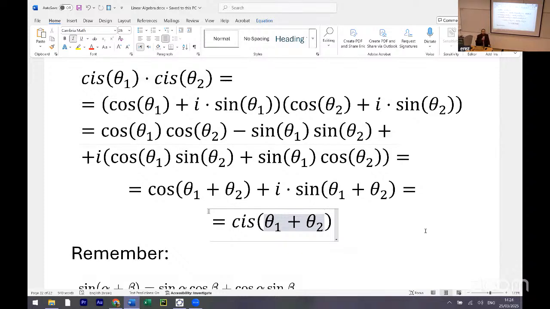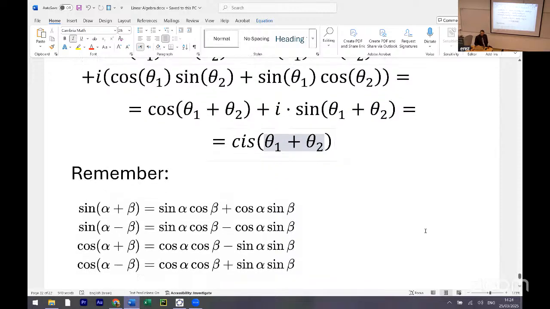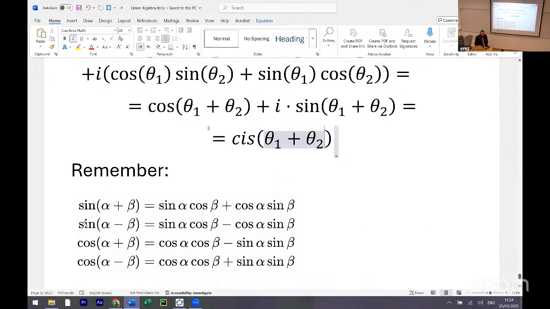Any questions so far? Do we remember these identities by heart? Yes, the sine of the sum and the cosine of the sum of angles are the main ones to remember. These are the main ones that will help you throughout the courses, not just linear algebra. And I don't even need the alpha minus beta, because you need to remember that sine of negative beta is negative sine of beta, right?